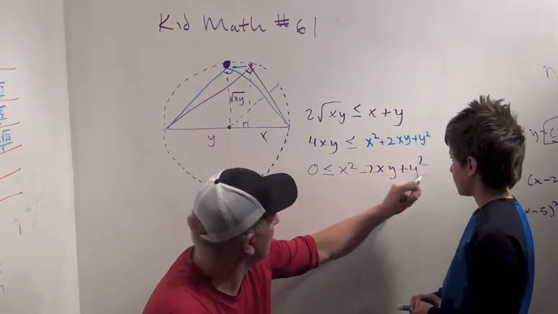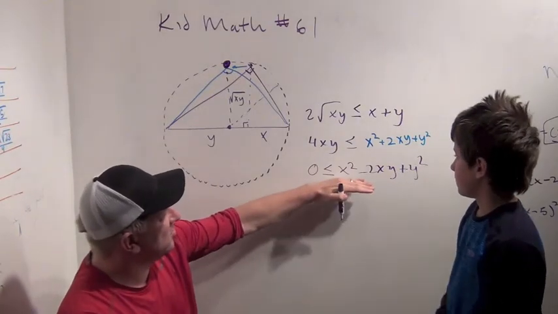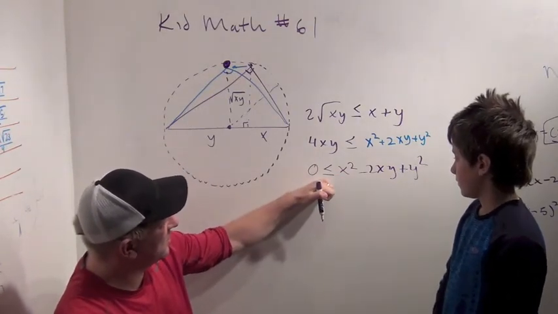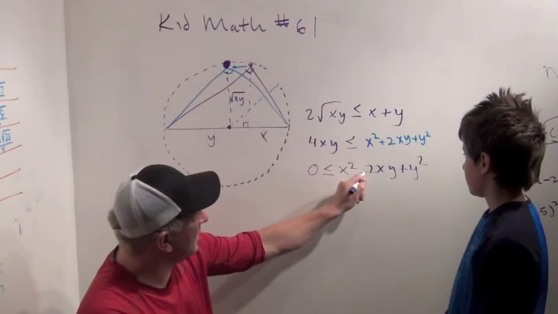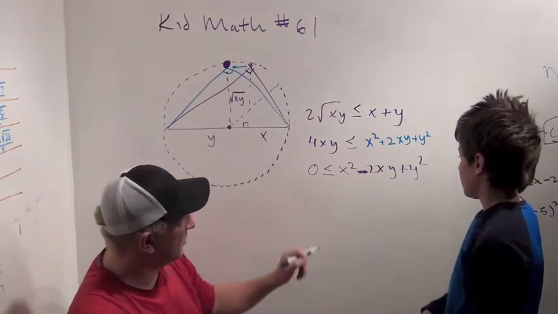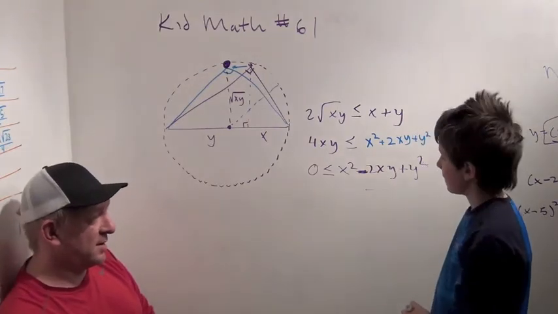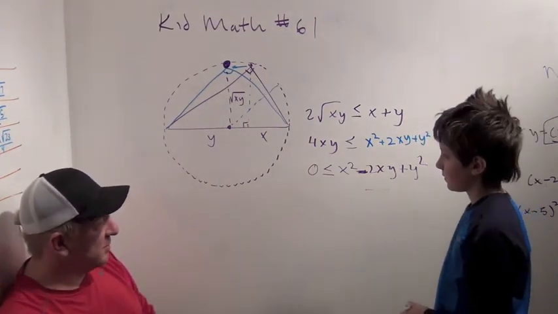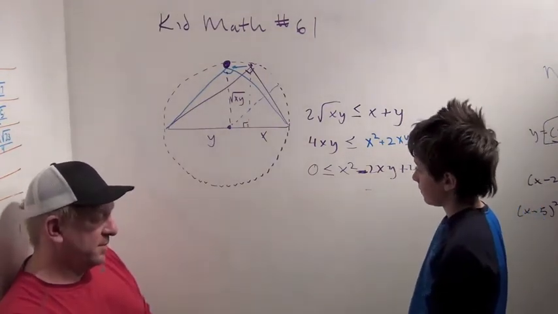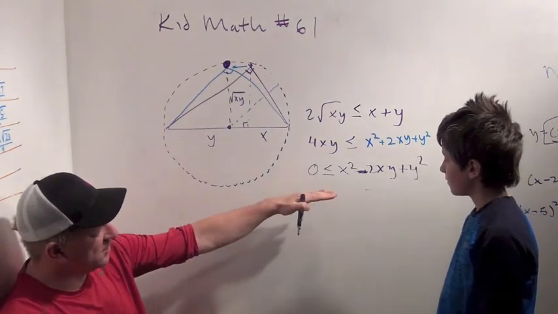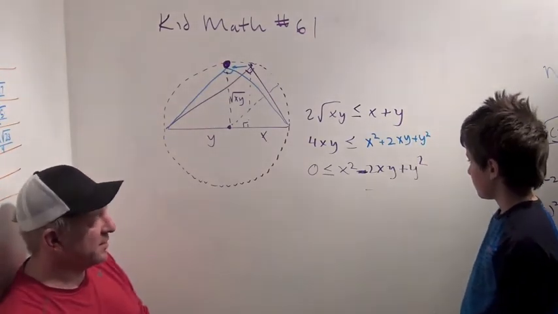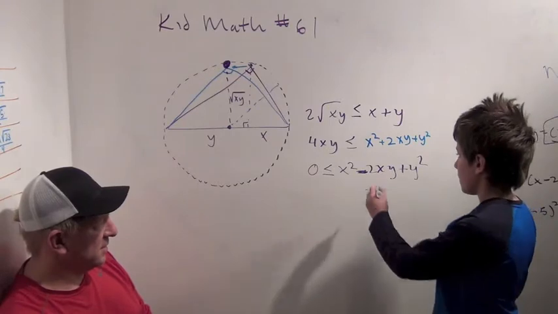And here's the last step. Why is 0 less than or equal to x squared minus 2xy plus y squared? Because this is a quadratic. It is a quadratic, that's true, but quadratics can be negative. So do you see anything special about this expression?